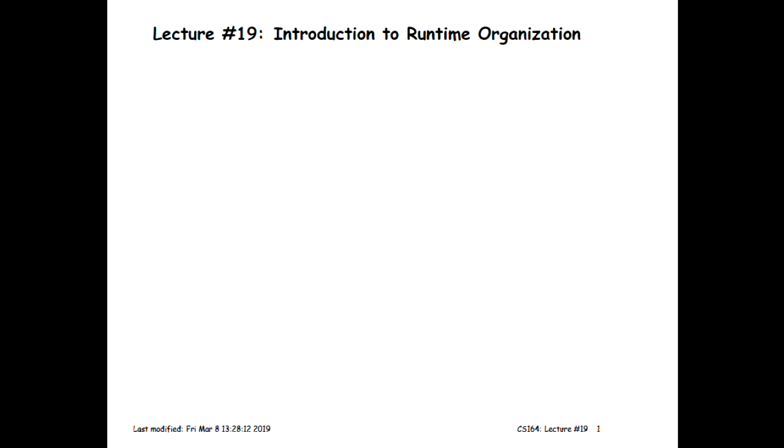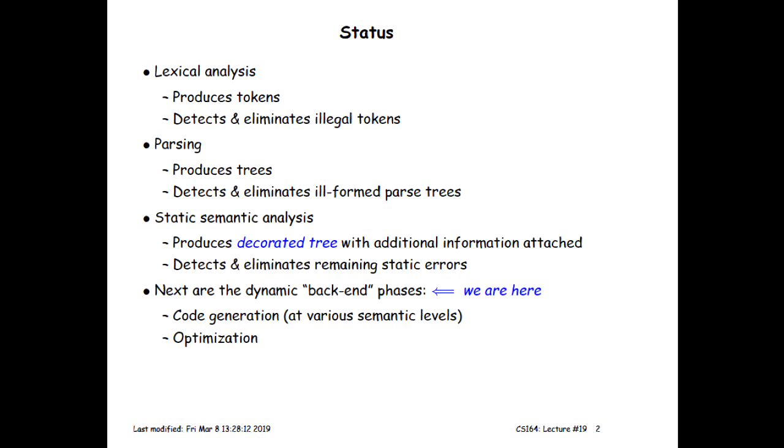So I don't want to get into a great deal of detail in this lecture, but I'll do the first part of these slides. So at the moment, we have what is basically a decorated tree.